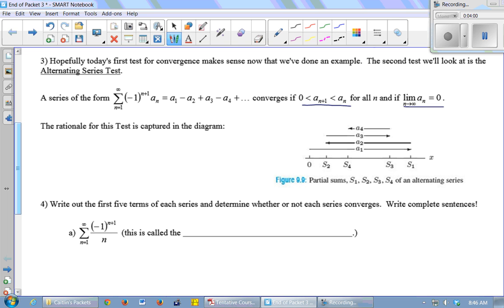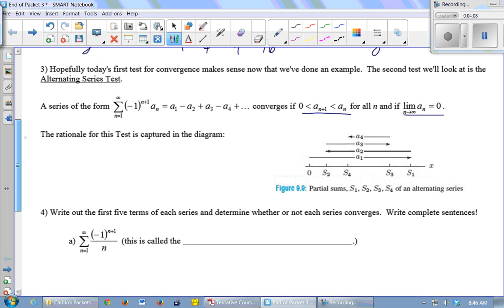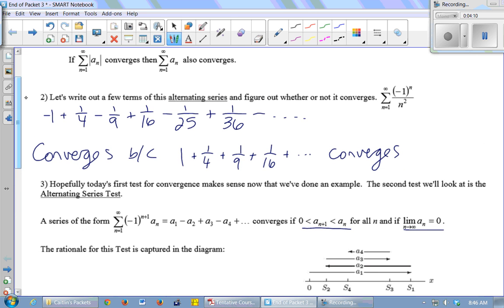So if the terms are getting smaller and smaller and approaching 0, and they alternate sign, you can conclude convergence. So I could have used this test on the one we just did, right? My terms are alternating sign, negative, positive, negative, positive. And the terms themselves, without considering the sign, are decreasing. They're getting smaller and approaching 0. So the alternating series test would also say that this converges.